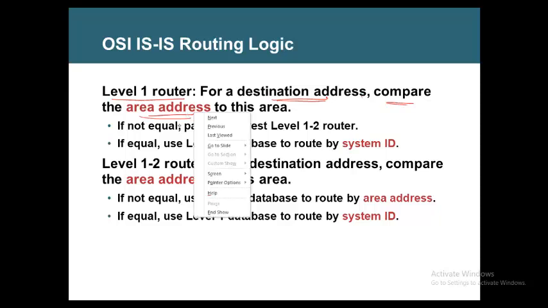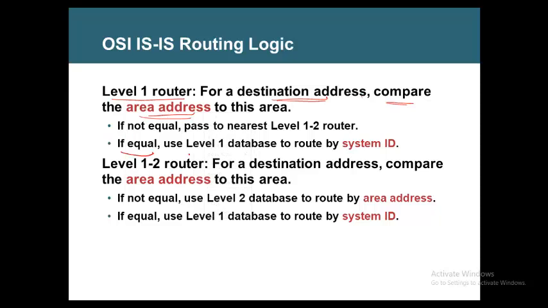If it is same, then it will compare only the system ID and find the route. It will only use the system ID to find the route, because when the area ID is same, definitely the packet is not of other area. You have to have the system ID, which is the tiebreaker, because the area ID is same.